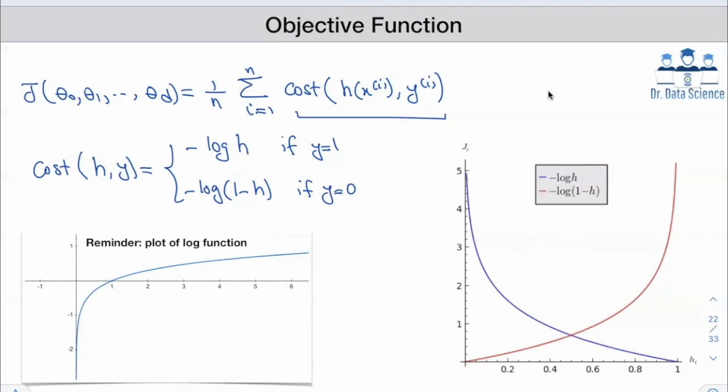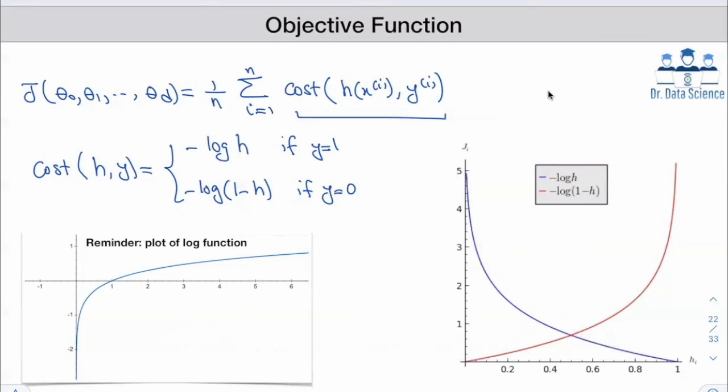So when the input of the log is 1, the output is 0. And then when we have values between 0 and 1, the output is always a negative number, and it actually goes to negative infinity as we get closer and closer to 0. With this in mind, now let's look at that negative log of h, the first one, which is the blue curve here.